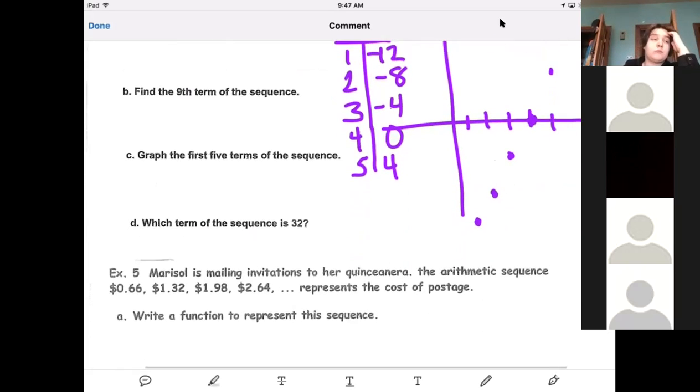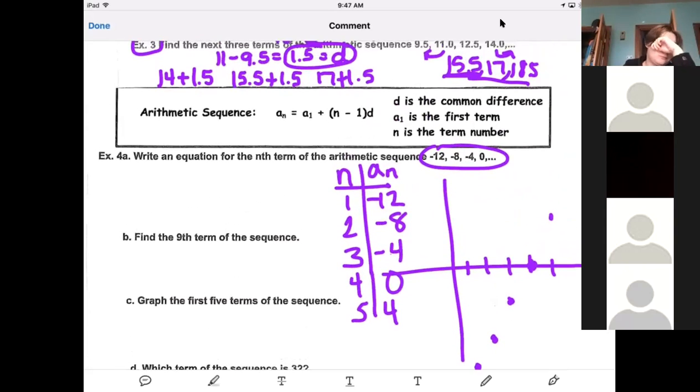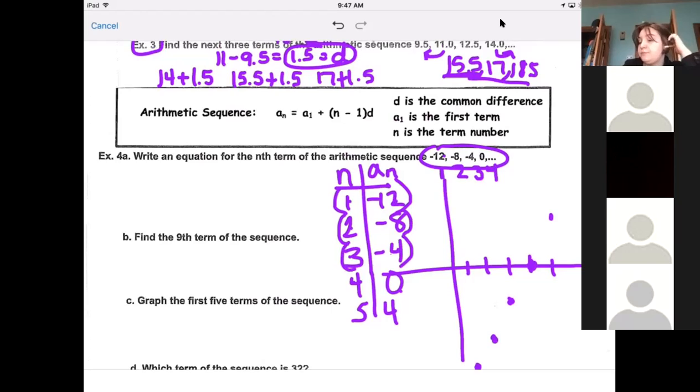I'm confused with the graphing part. Okay, so you go back up to your sequence, right? This is term 1, this is term 2, this is term 3, this is term 4. The term number is your X. The term itself is your Y. So then you just graph that ordered pair, graph that ordered pair, graph that ordered pair. Okay? What does AN mean?